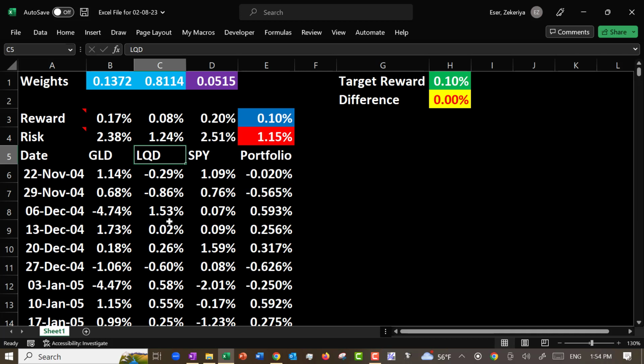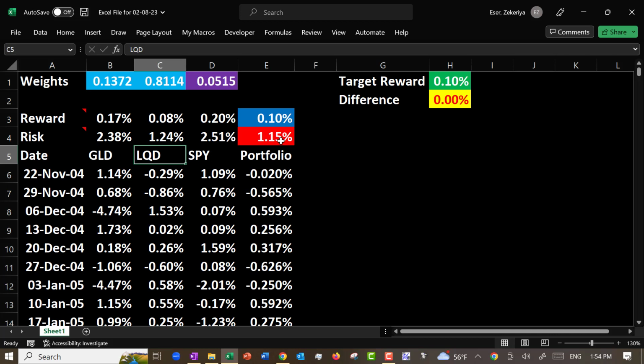What's the yield on LQD or reward? 8 basis points, right? But this specific portfolio that has 13.72% in SPY, 81% on LQD, and about 5% in gold, or vice versa, has a higher return, 0.10, and also lower risk.